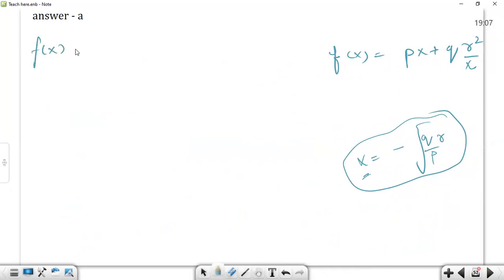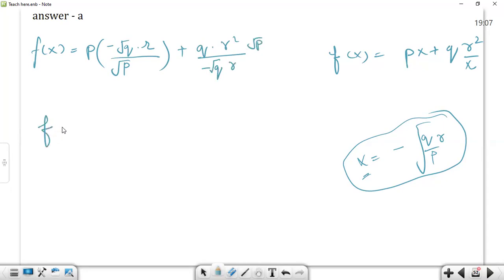F of x will become p into minus r into the square root of q by p, plus q into r squared by x, with x being minus r into the square root of q by p. Are we going on the right path? I hope so.